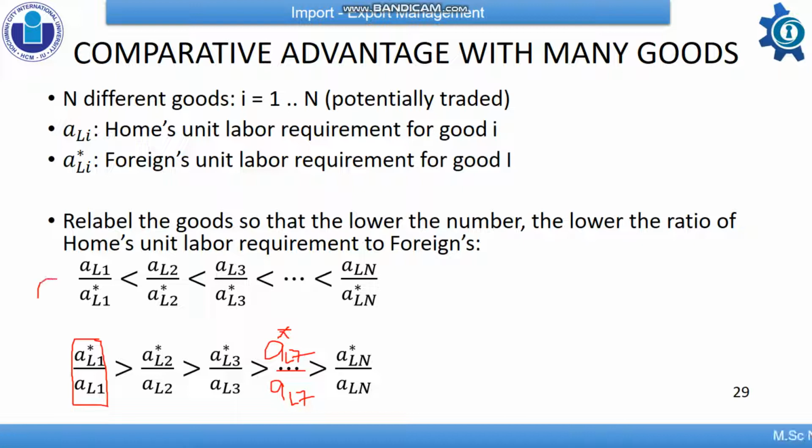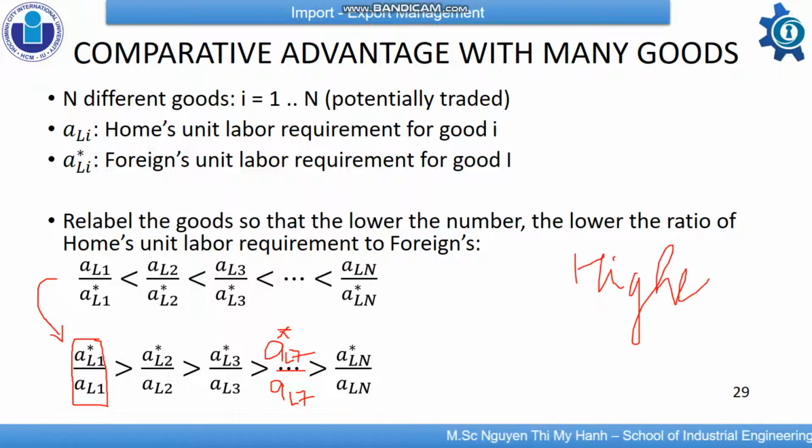From here we can conclude this one. The lower the number, the lower the ratio of home unit labor requirement to foreign. So for this, the lower the number, the higher the ratio of foreign unit labor requirement to home's.